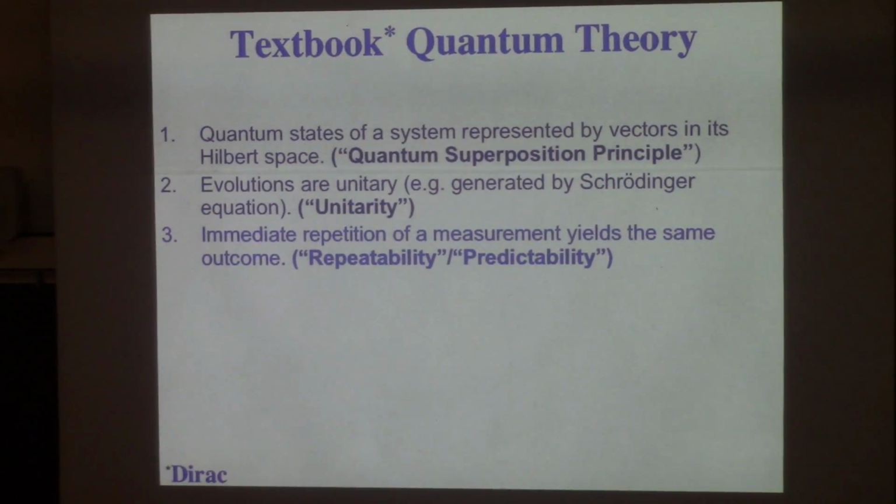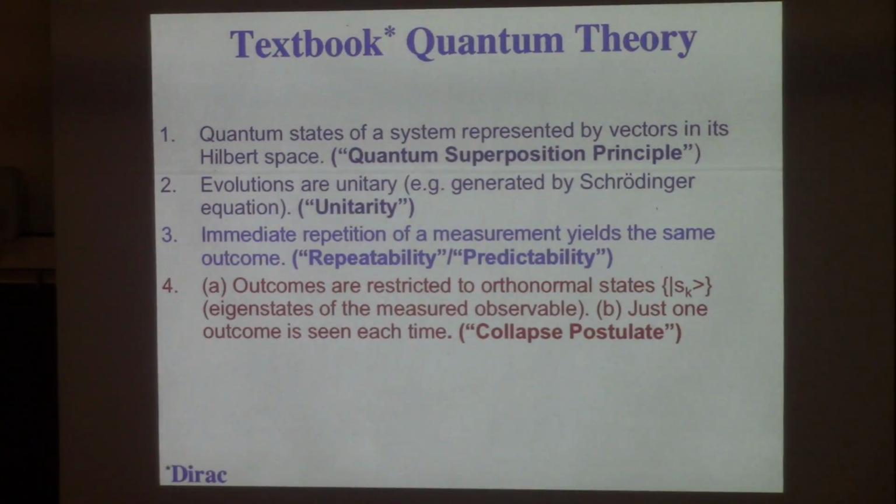Repeatability. I like it. Next to make more of that connection but get in trouble. Outcomes are restricted to orthonormal states, eigenstates of the measured observable. Now why should they? And in fact we know it's not always true. I mean, we can measure and come up with coherent states which are not eigenstates of any observable.